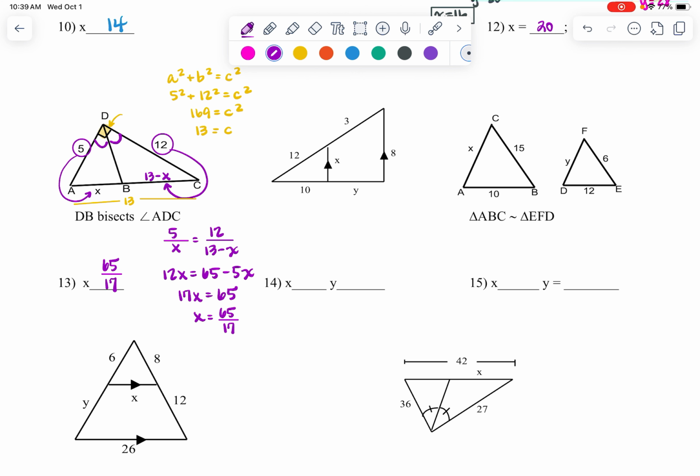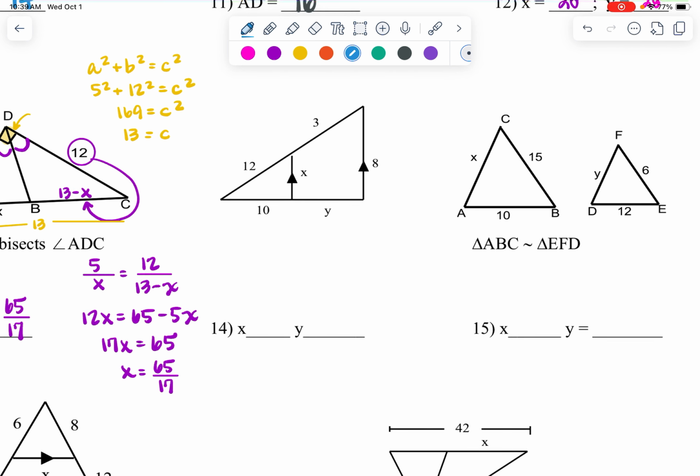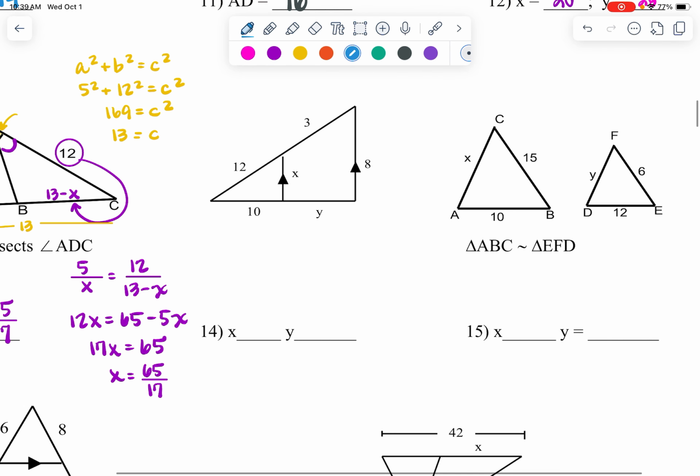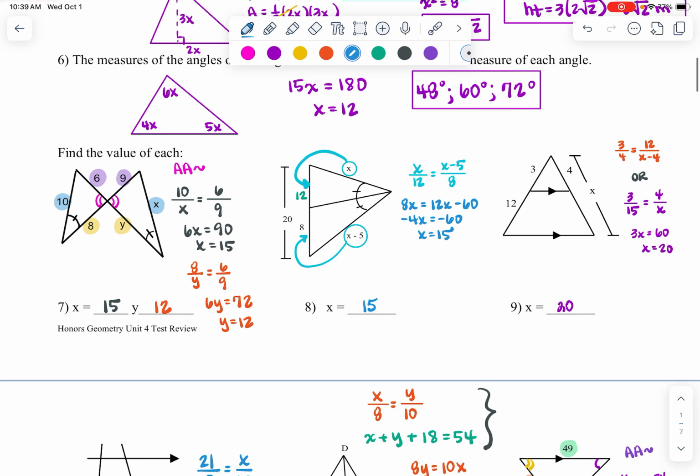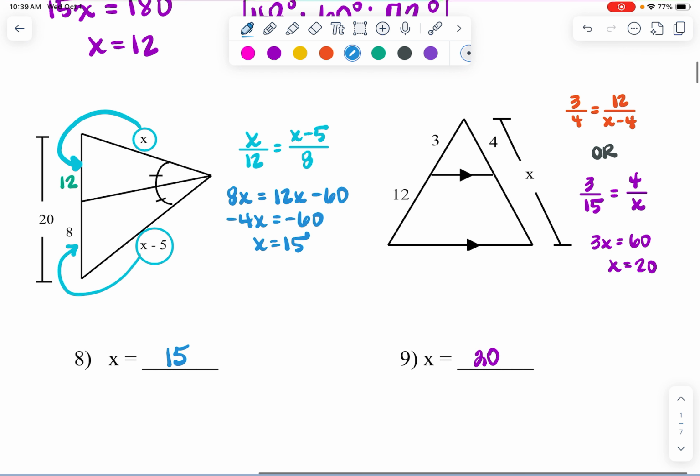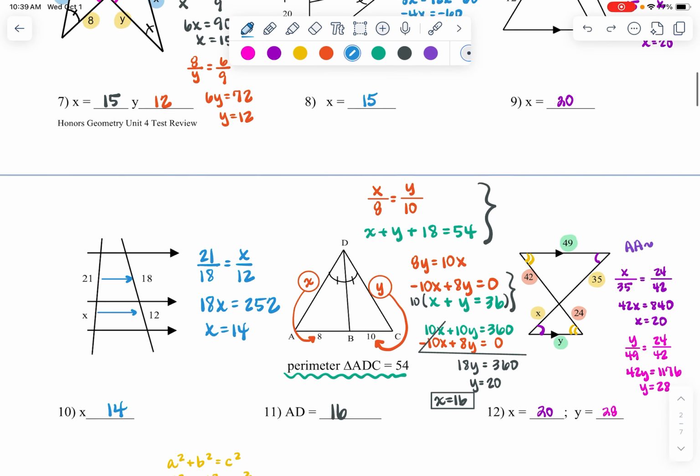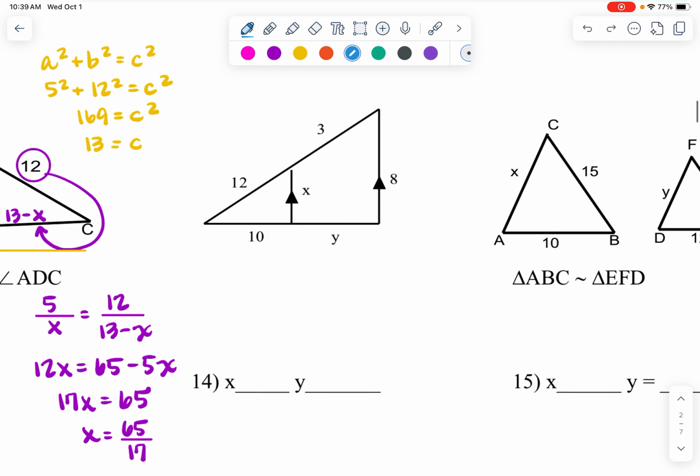All right, moving on, number 14. There are a few different ways you can do this one. It's very similar to number 9, where we talked about the different ways, whether I want to use partial sides or not. So that's just kind of a personal choice.